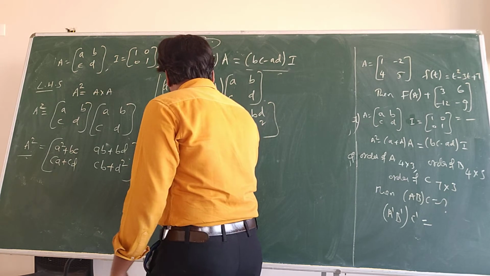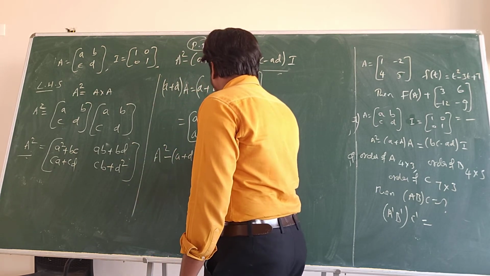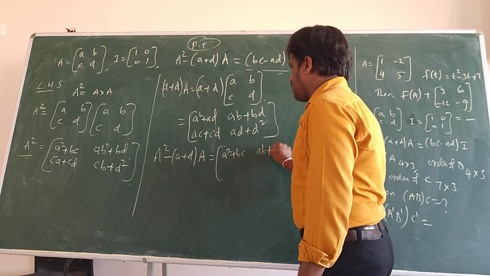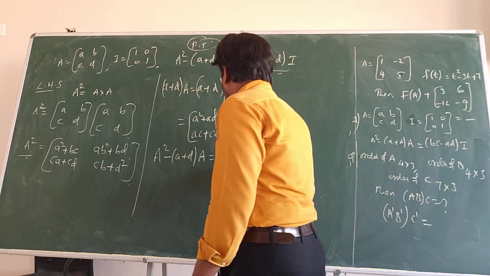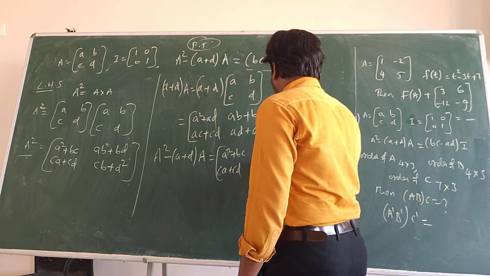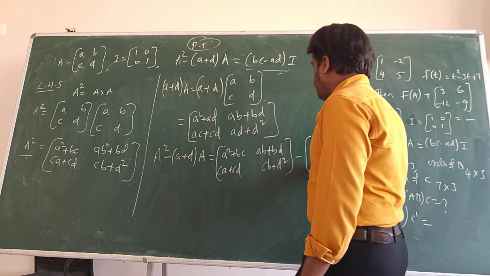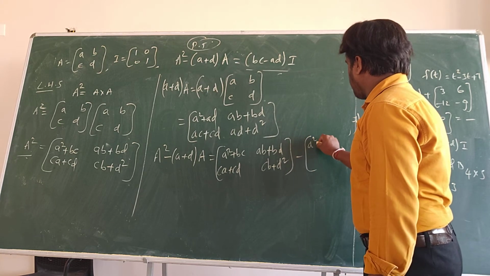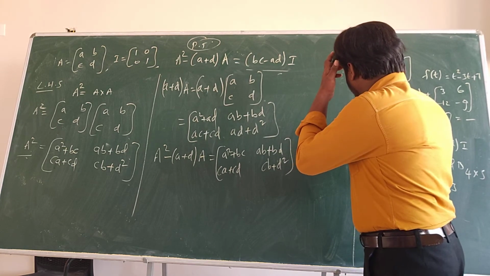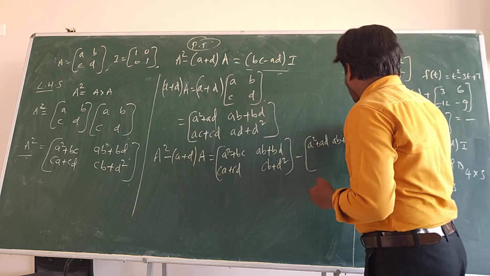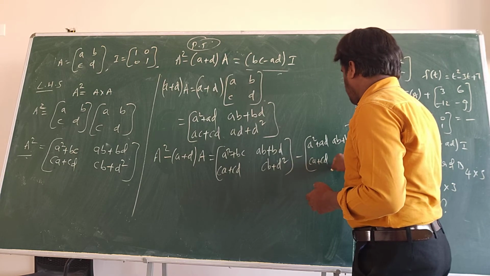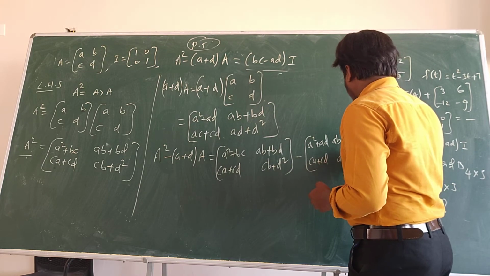This I can write as A square plus BC, AB plus BD, CA plus CD, CB plus D square, minus A square plus AD, AB plus BD, CA plus CD, AD plus D square.